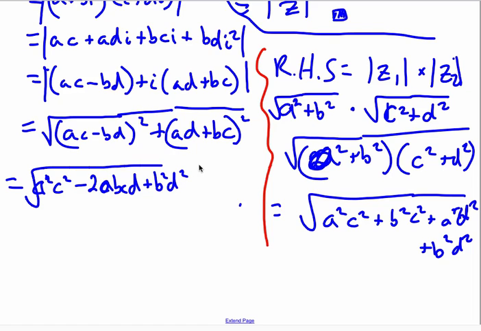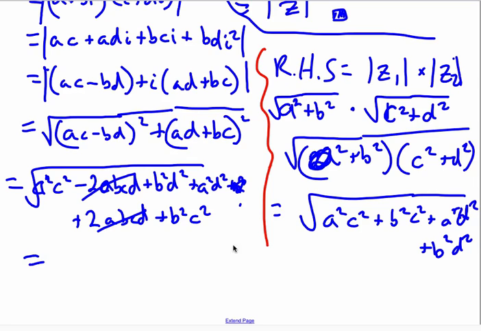So I've got the square root, and this one here is going to be plus a squared d squared, and we're going to have plus 2abcd, and then at the end we're going to have plus b squared c squared. So these cancel, and we get exactly the same thing as the right-hand side.